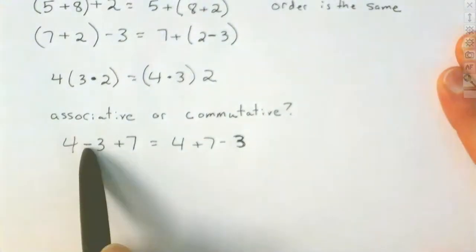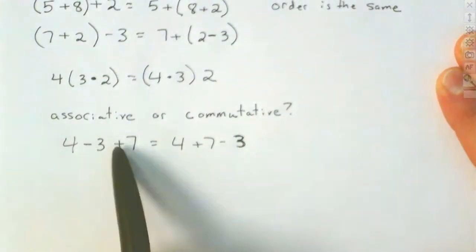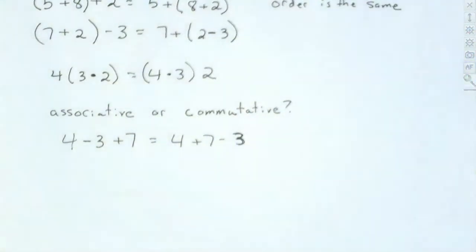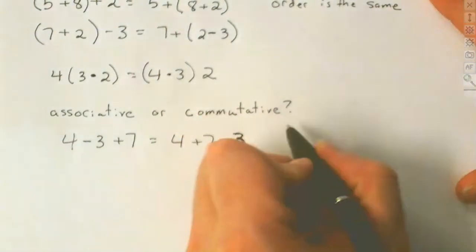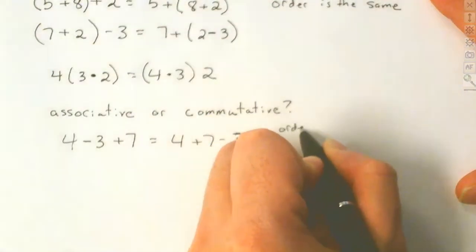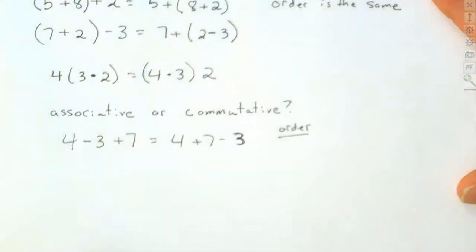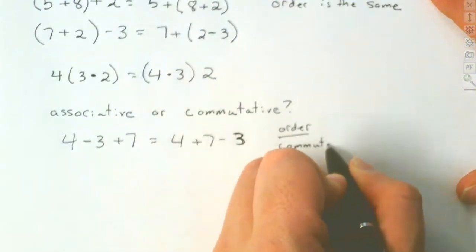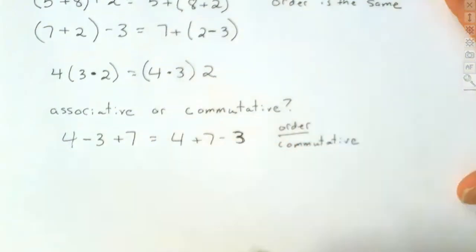That 3, it had the negative, so it still got the negative with it. The 7 was positive. The 4 is out in front. What did I do? All I did was I switched the 3 and the 7. I switched the order, right? So this was dealing with order. So since you moved the order around, this would be commutative. Order is dealing with the commutative property.